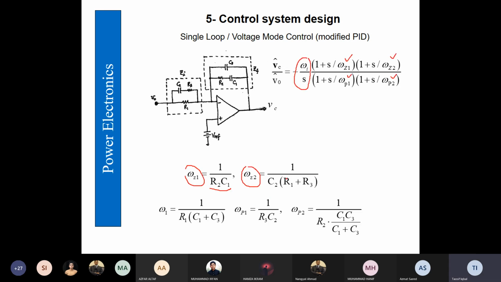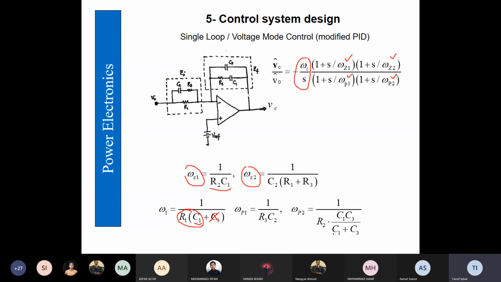Similarly, for the integrator frequency, the integrator gain, if C1 is very large compared to C3, then C3 can be neglected and omega integrator only depends on R1 and C1.